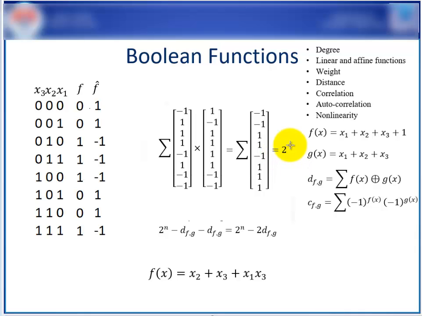And if we calculate the correlation between the function with itself, then we are going to have a maximal positive correlation, which is 2 to power n. The term autocorrelation is defined as a correlation between the function and its shifted version.